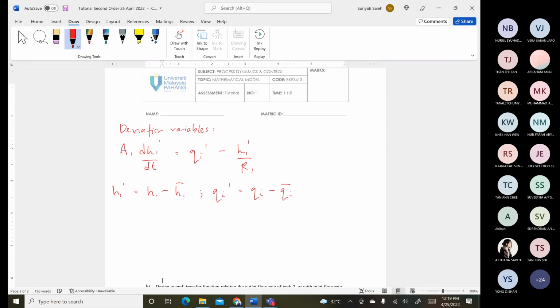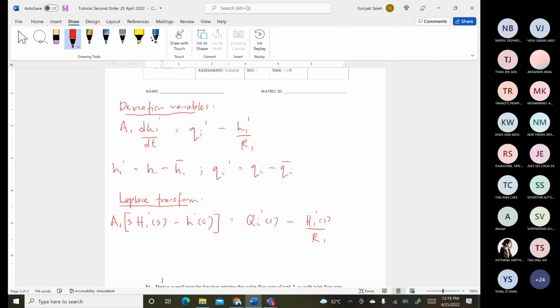So we have the deviation variable, and the next step involves the Laplace transform. Now this equation becomes s H1 prime(s) minus H1 prime(0) equal to Qi prime(s) minus H1 prime(s) over R1.